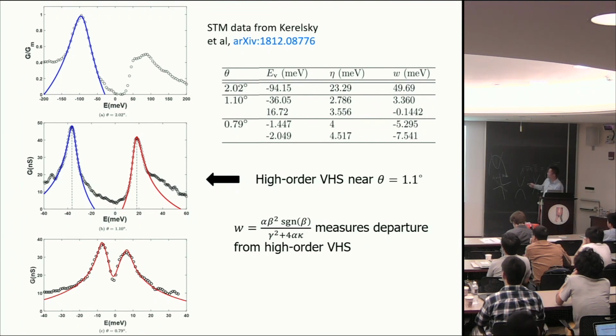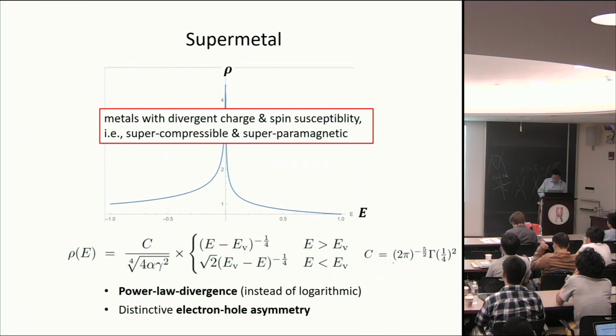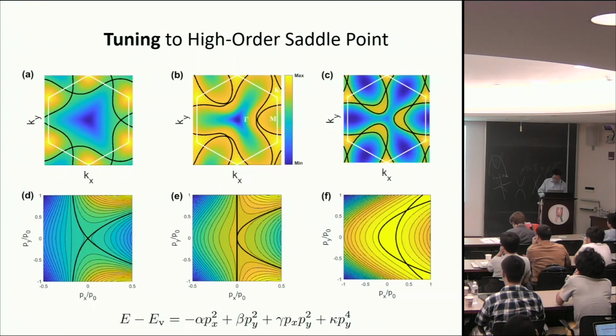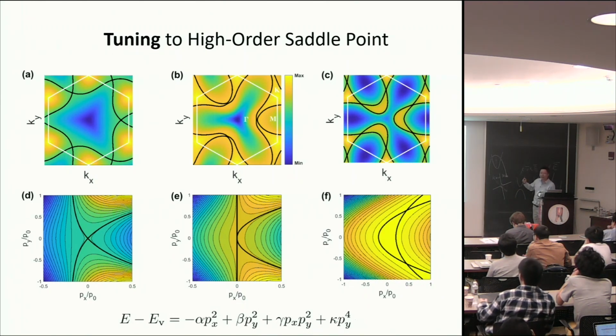It's an energy scale. Even when beta is not 0, if you look at the full expression, when beta is 0, we have exactly that high order Van Hove singularity. When beta is small, in the large energy range the system can be approximated as a high order Van Hove singularity, but it breaks down when the energy is smaller than a critical value.